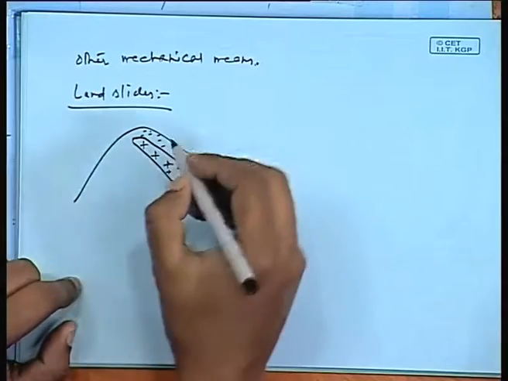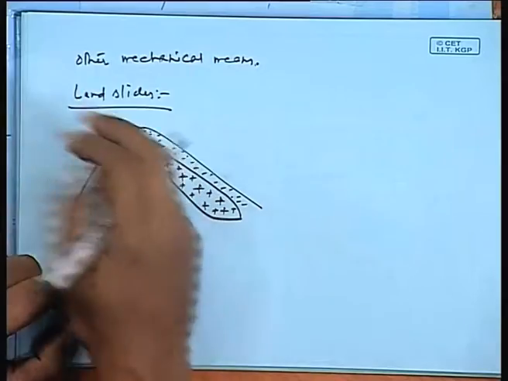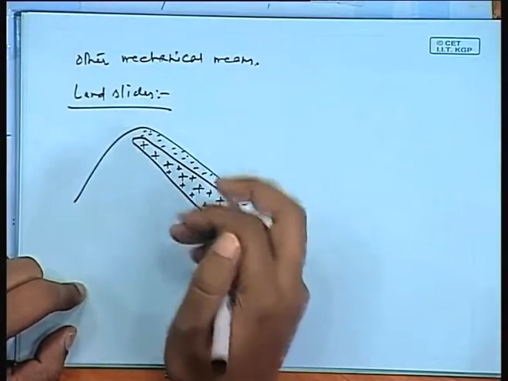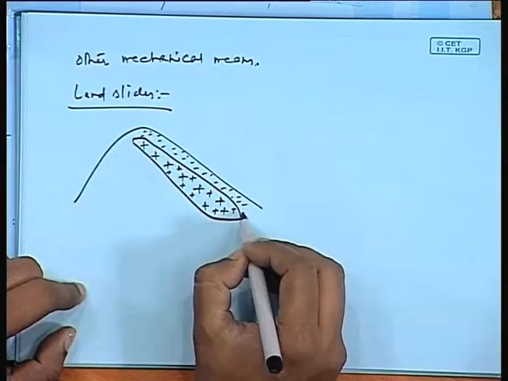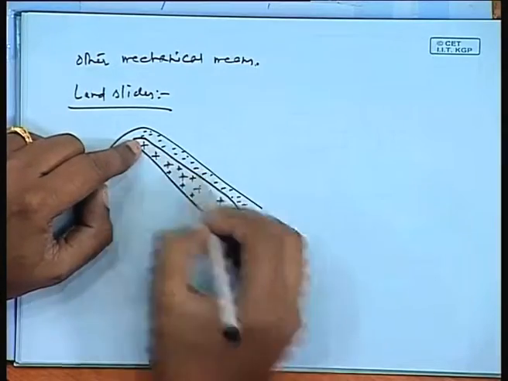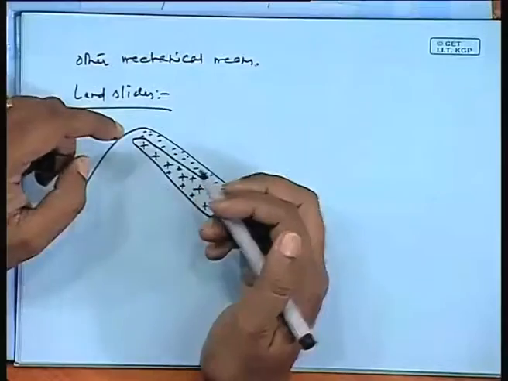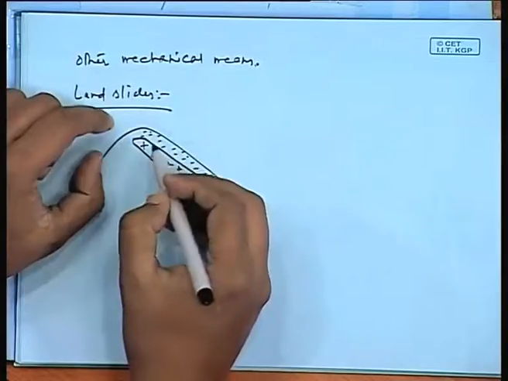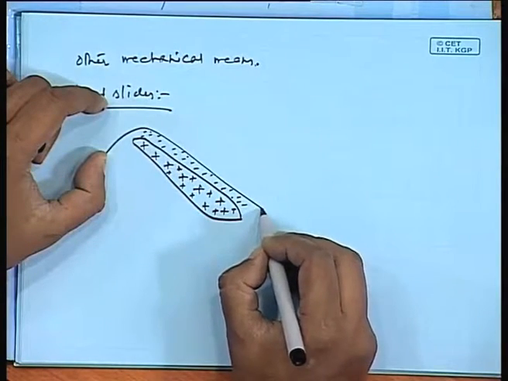What happens is this does not form in the form of a sheet erosion or a plain erosion. As you can see, the friction becomes less between the two surfaces. This particular layer of soil begins to move.